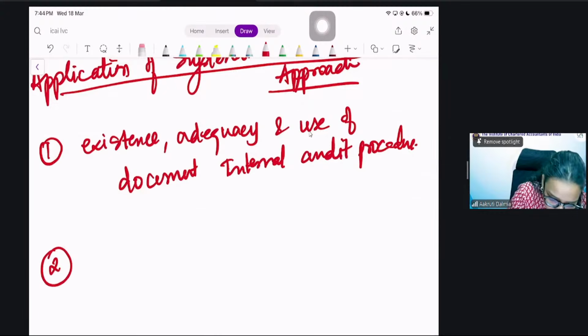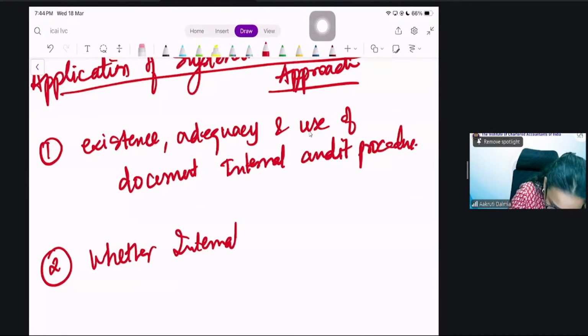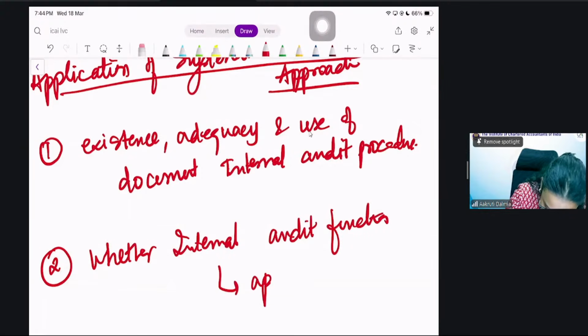Second important thing, whether the internal audit function has an appropriate quality control policy.